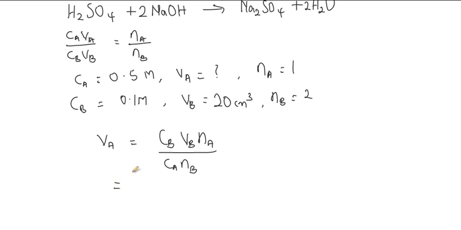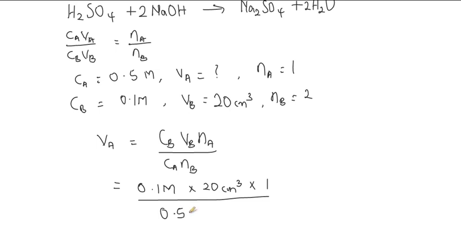Cb is 0.1 molar, multiplied by the volume of base, 20 cm³, multiplied by the number of moles of acid used, which is 1, all divided by the concentration of acid, 0.5 molar, multiplied by the number of moles of base used, which is 2.